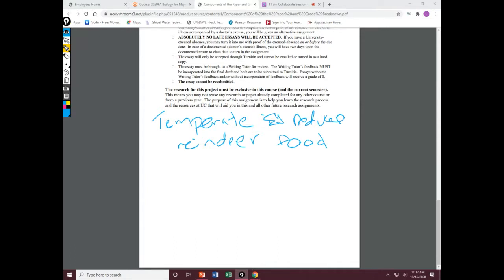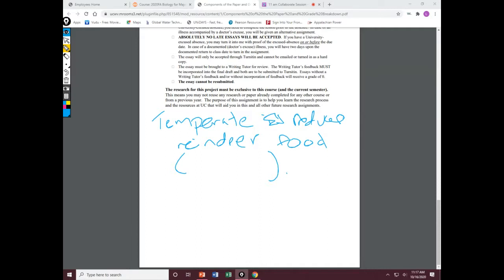Now, did I know this before I read all of these papers? No, right? Did I do research myself on reindeer? No, although that would be super cool. So I do need to provide the source where I got that information from.